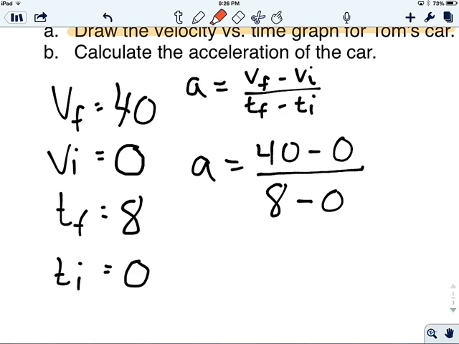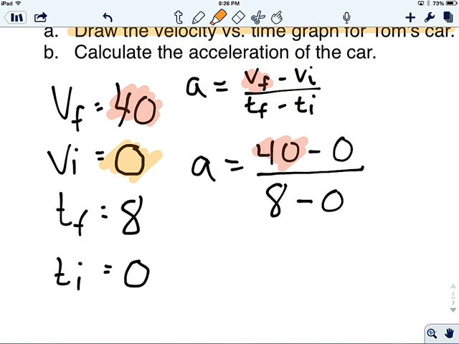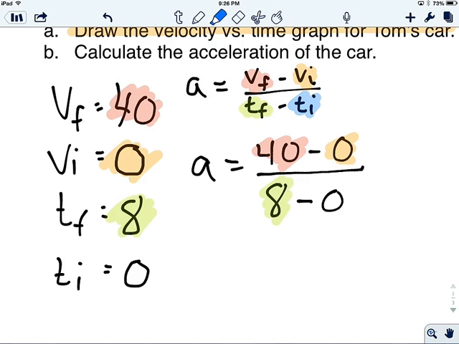So notice what I did there. So 40 and 40. Okay, 0 and 0. I'm just showing you where these things match up. All right, 8 and 8, and blue.